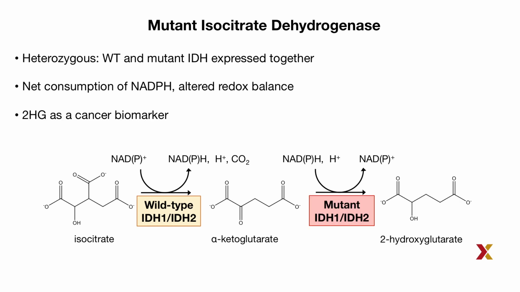In addition, the mutant forms of IDH produced in cancer cells will lead to the consumption of alpha-ketoglutarate and of some NADPH, leading to an alteration of the redox balance in the cancer cells.